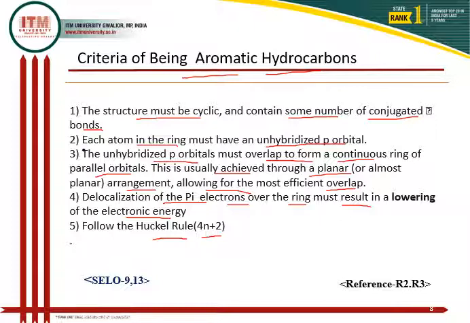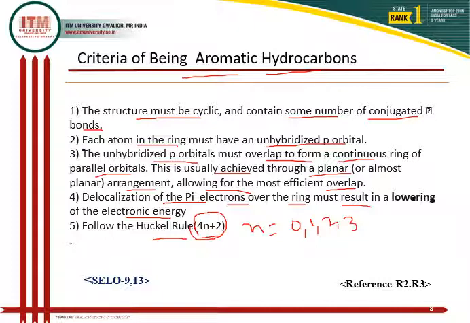Here, n can be a positive integer, that can be 0, 1, 2, 3 and so on. So n is always a positive integer and it gives the number of pi electrons.